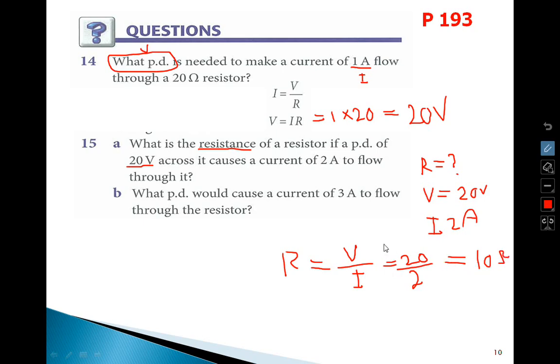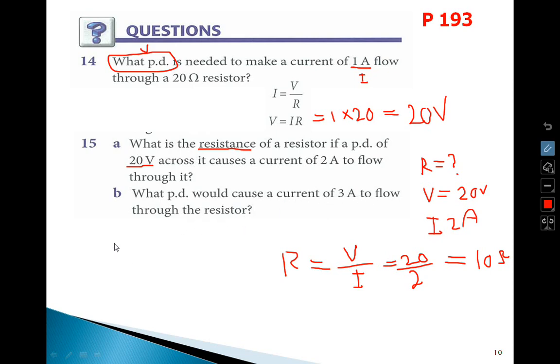We need a 10 ohm resistor to let a 20 volt voltage across that resistance push a current of 2 ampere through this resistor R. So we have V and I, and we need to find R. It's all about different ways to play with Ohm's law.